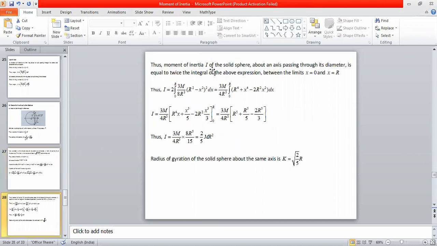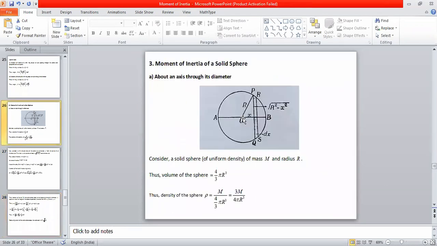So the moment of inertia I of the entire solid sphere about an axis passing through the diameter is twice the integral of the above expression. What do we do with the integration? We have to double it, because if I integrate from 0 to R, it covers only half of the sphere. If I do the integration from the center 0 to the upper limit capital R, it encompasses only half of the sphere.